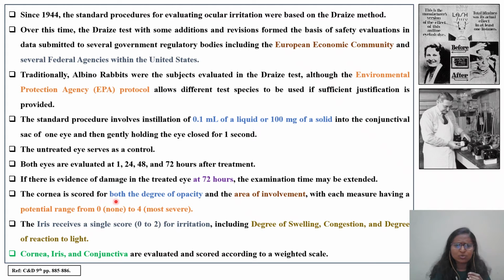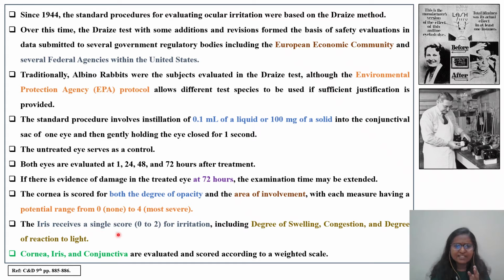The cornea is scored for both the degree of opacity, whether you are able to see through or opaqueness is there, and the area of involvement, how much, with each measure having a potential range from 0 to 4. 0 is none and 4 is the most severe. This is the scale which they have mentioned.